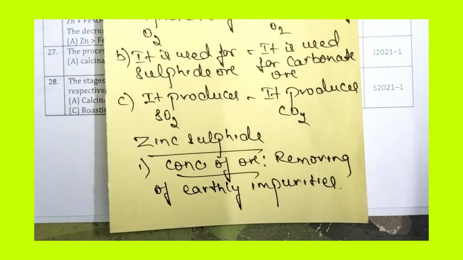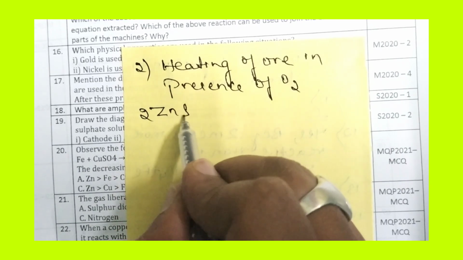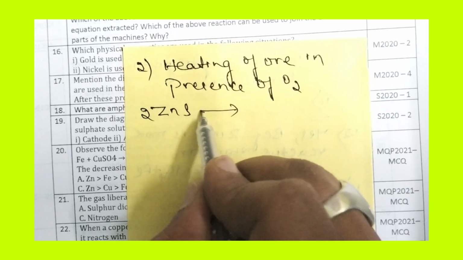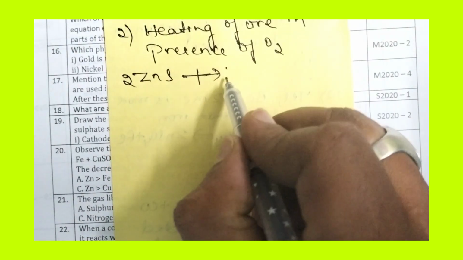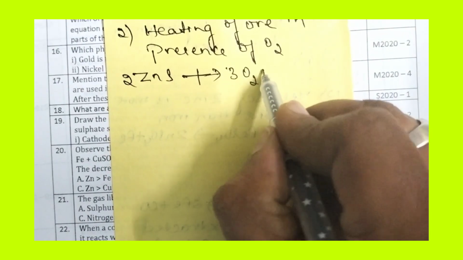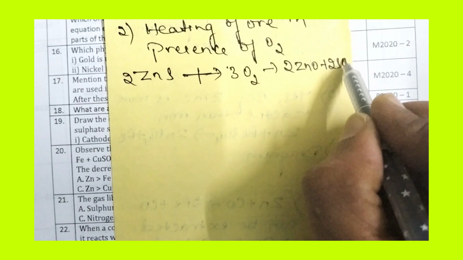Now the second step is heating of ore. So we heat the ore in presence of oxygen, that is 2ZnS + 3O2 gives 2ZnO + 2SO2.